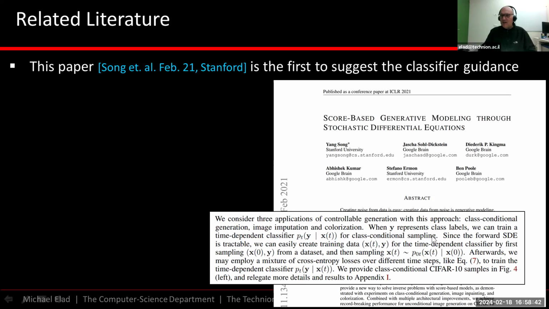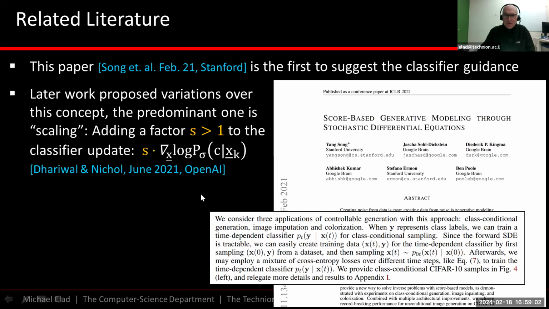For class conditional sampling, since the forward SDE is tractable, we can easily create training data. So basically, they show that they can train on noisy versions of images, and that's all for the time-dependent classifier, by first sampling x0, y, etc. So exactly what we described.